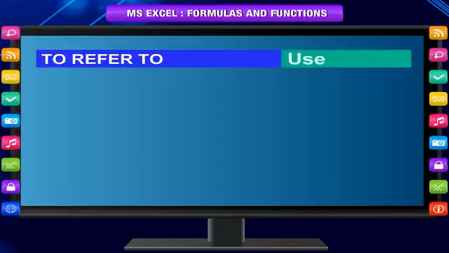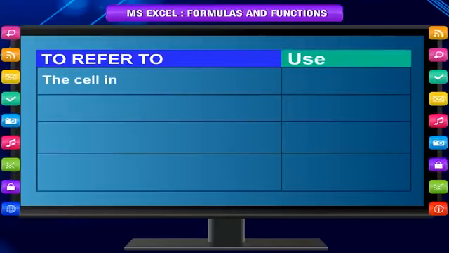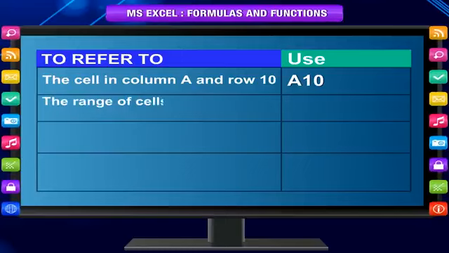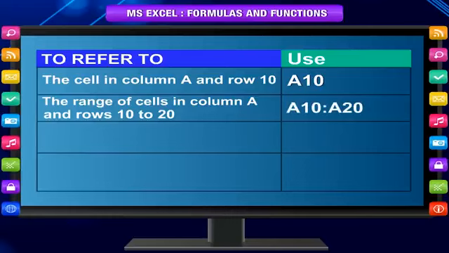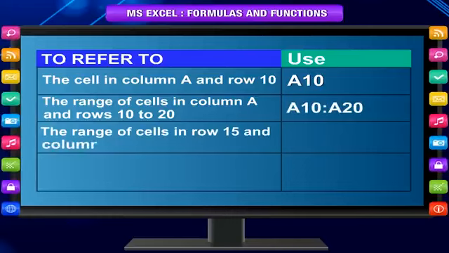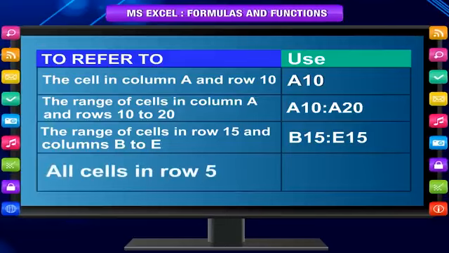To refer to the cell in column A and row 10, use A10. The range of cells in column A and rows 10 to 20, A10:A20. The range of cells in row 15 and columns B to E, B15:E15. All cells in row 5, 5:5.